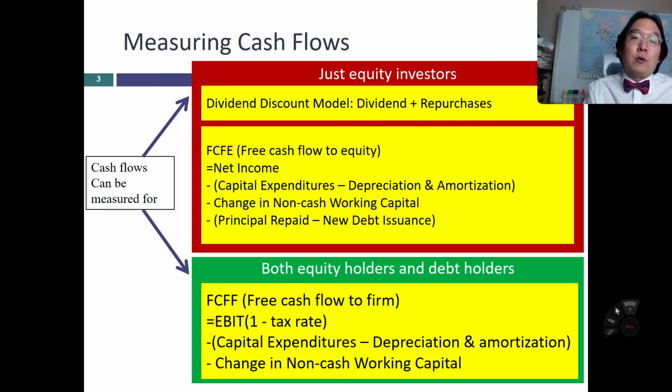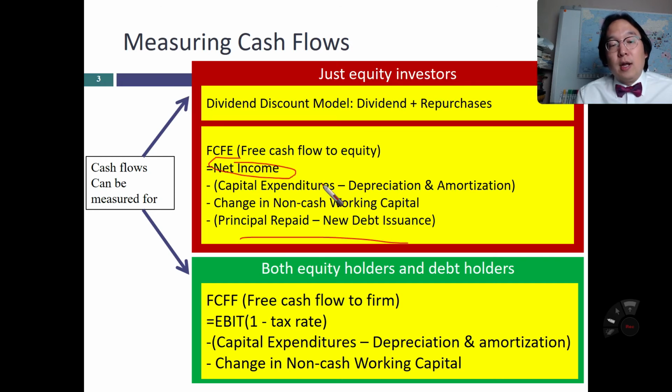Moreover, we also subtracted the principal repayment in FCFE, so it's already subtracting the cash flow to debt holders. But here in FCFF, debt holders are also one of the major investors that we care about in the firm as a whole.